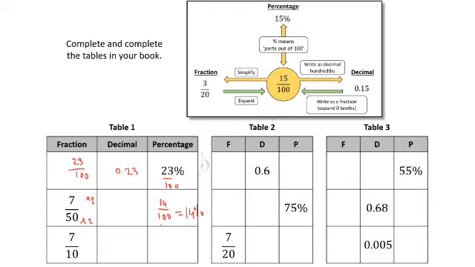And how do we write it as decimal form? After the point, two places should be there. So 0.14. And here 7 by 10 as a decimal form, we can write 0.7. And how do you change into 100? 70 by 100.